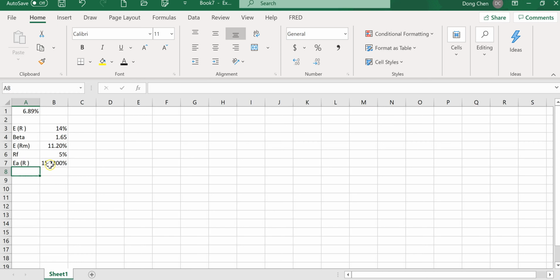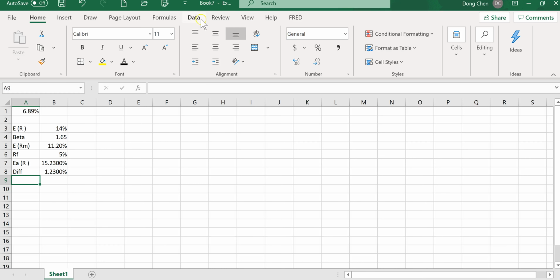But most likely it won't equal the actual expected return, which is given as 14%. What I can do is take the difference between this calculated expected return, based on the assumed risk-free rate, and the actual return. So now I have a goal: to make this difference disappear, to be 0.